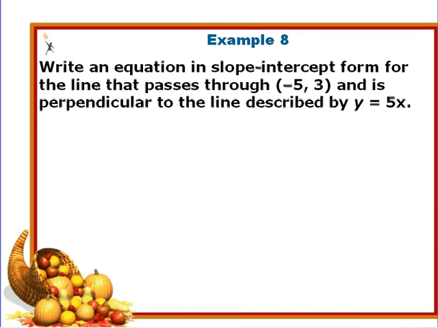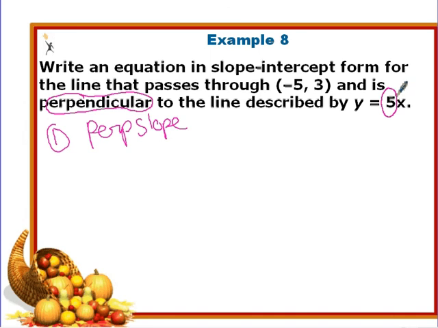Example 8. Same thing, but this time they want perpendicular, so you're going to do the same exact steps that we did before, except for now you want a perpendicular slope. So now your perpendicular slope has to be perpendicular to this slope right here. Remember, slope is the number in front of x.